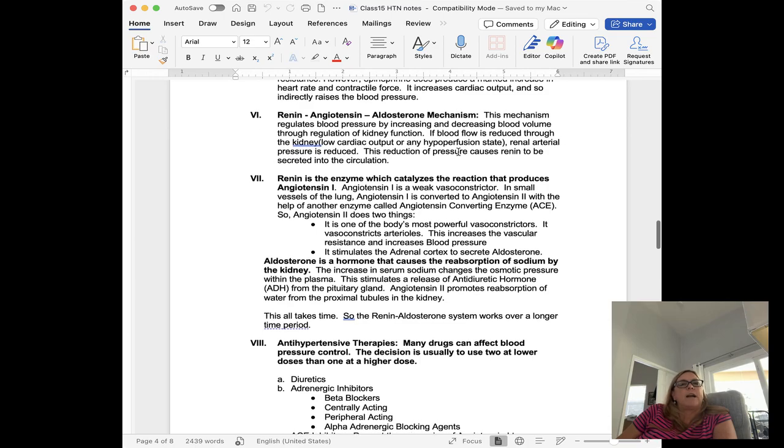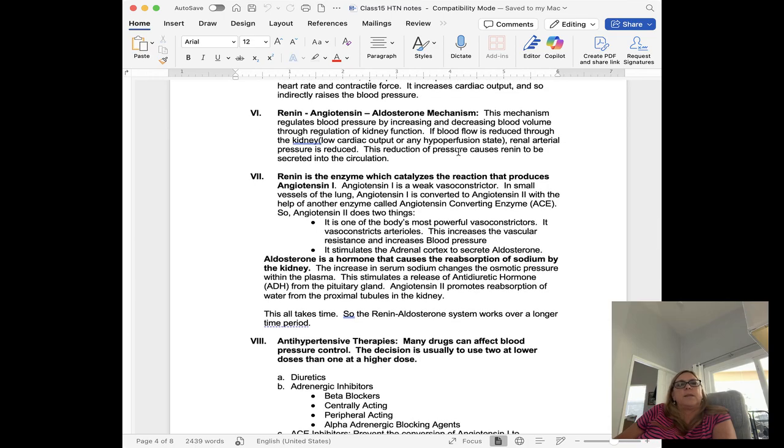So we have the renin-angiotensin-aldosterone system that I went into, and that regulates the blood pressure by increasing and decreasing blood volume through the regulation of kidney function. I want you to also remember there is a result on antidiuretic hormone, which is situated in the posterior pituitary.